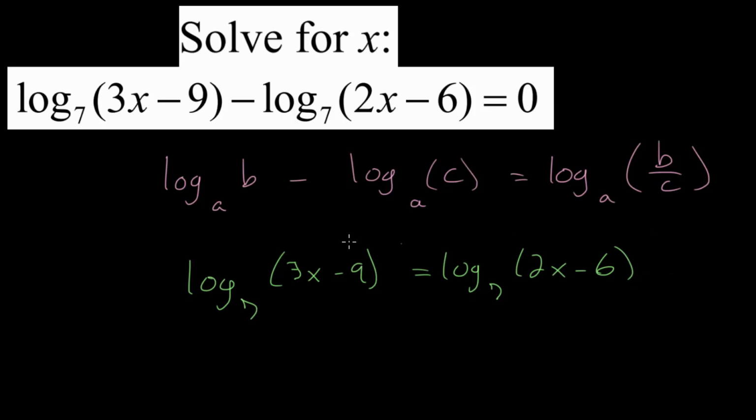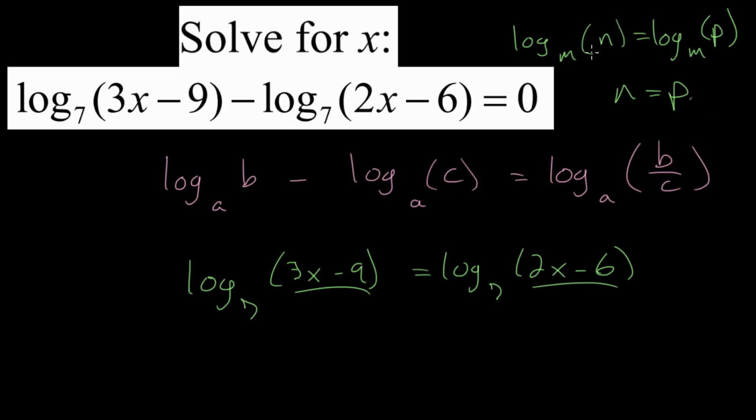And from here, for this to be true, let's say we have log base m of n, and this is equal to log base m of p. For these to be equal, when they have the same base, the inputs must be equal. n must equal p here. So in our case, m is 7, n is this expression, and p is this one here. So the inputs must be equal.